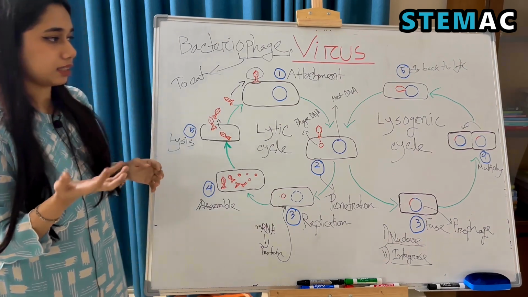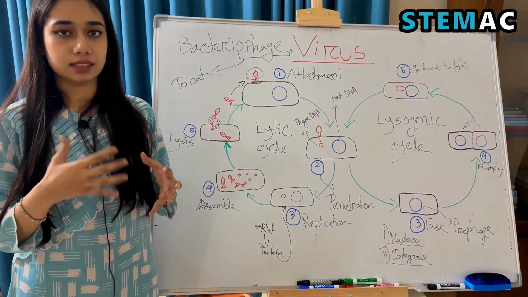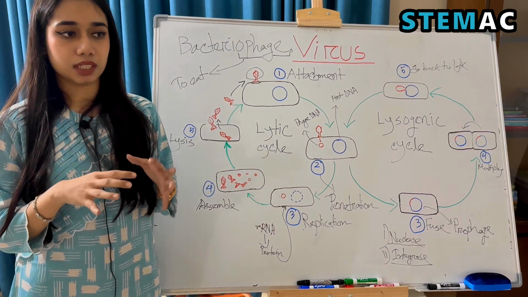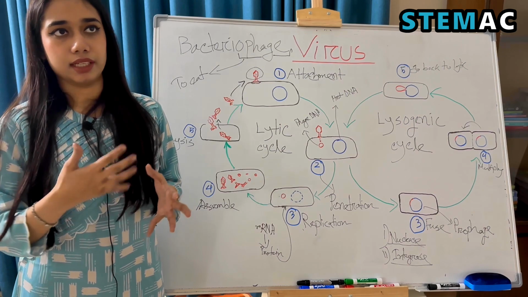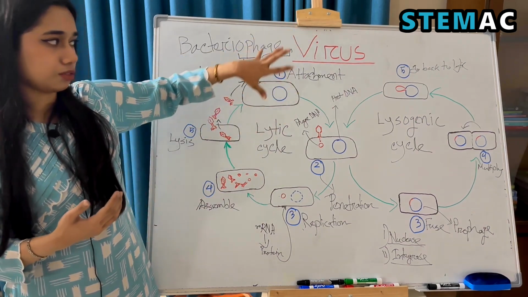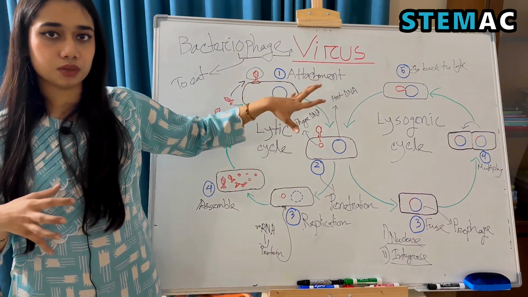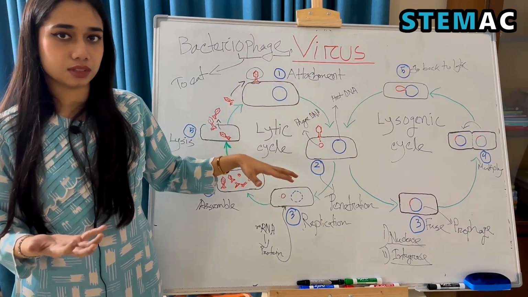Like viruses can be used in gene therapy to treat diseases like cancer, and they are also helping to keep our ecosystem balanced. We can already see that they are controlling the population of bacteria. So that is how they are also helping in maintaining the balance of our ecosystem.